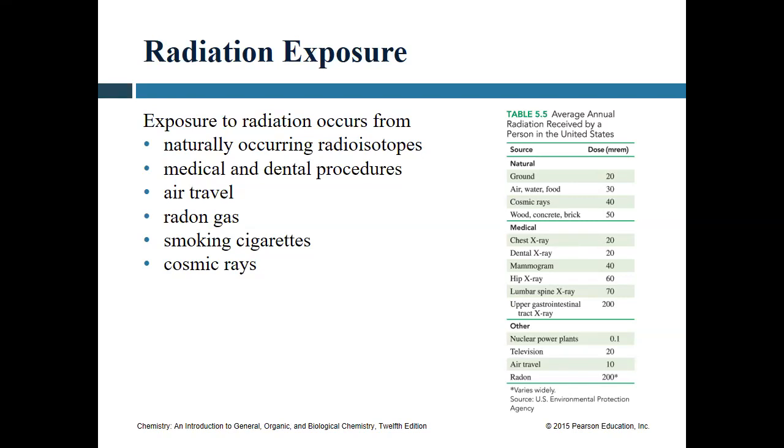The other places where we can get similar kinds of radiation, basically anything that uses radar systems, so airfare, we can get it from that. We can get it from cosmic rays, so just the natural radiation coming from the sun.